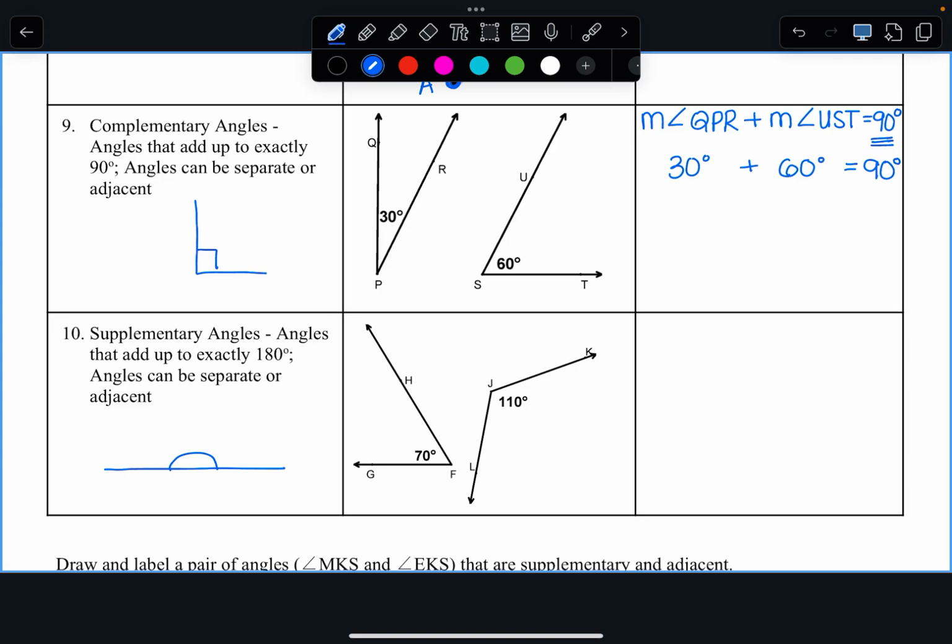So the measure of angle GFH plus the measure of angle LJK is equal to 180 degrees.